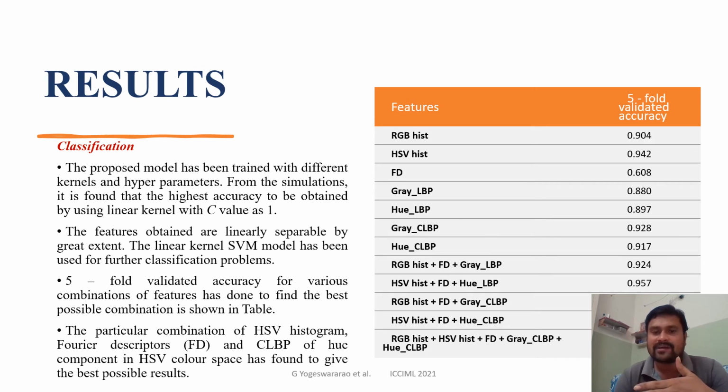We compared different combinations of feature sets along with the different models. Out of all, the combination of the HSV hue model, Fourier descriptor and hue CLBP gets the best value.